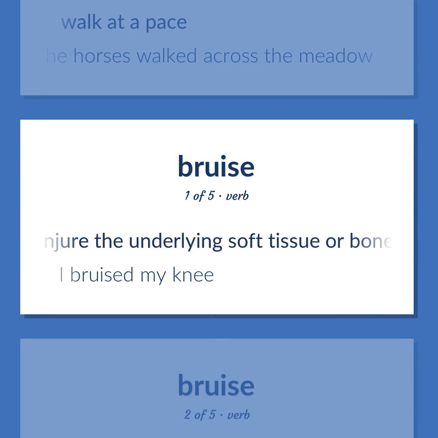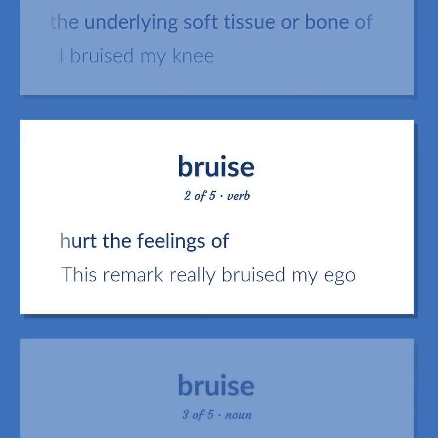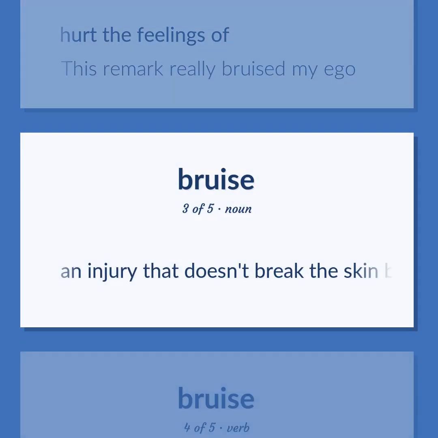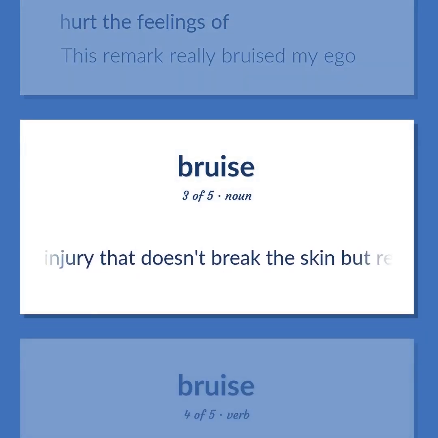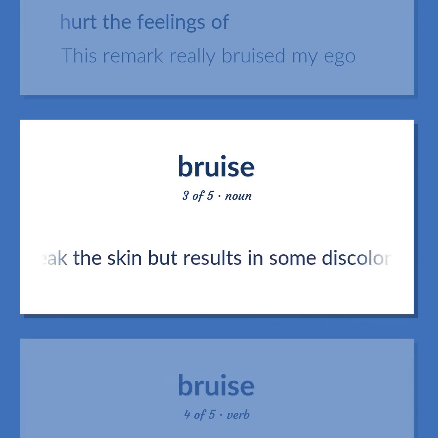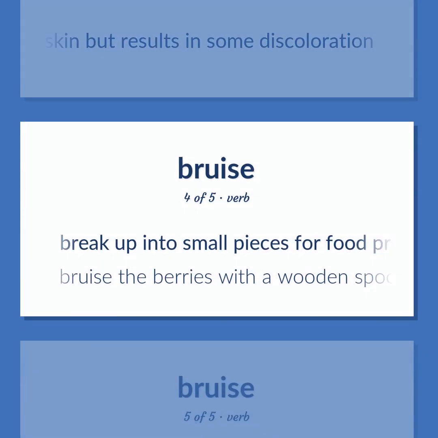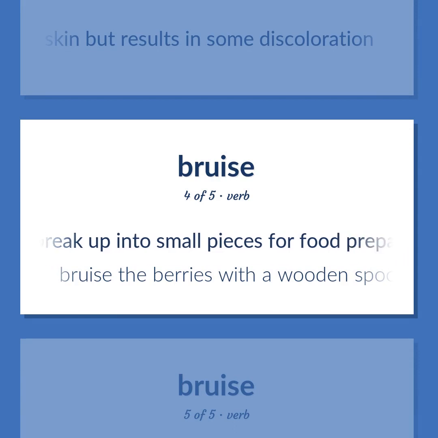Injure the underlying soft tissue or bone of. I bruised my knee. Hurt the feelings of. This remark really bruised my ego. An injury that doesn't break the skin but results in some discoloration. Break up into small pieces for food preparation.